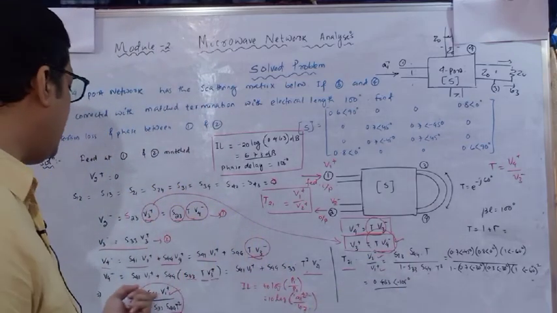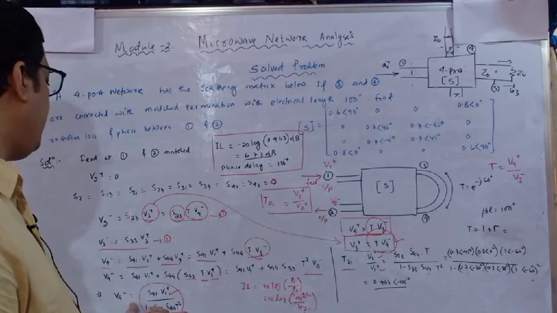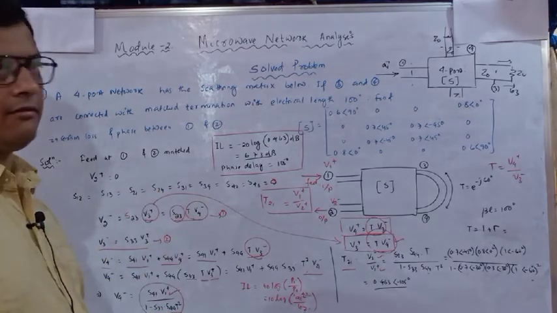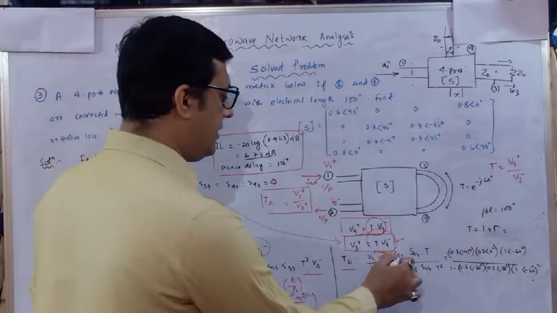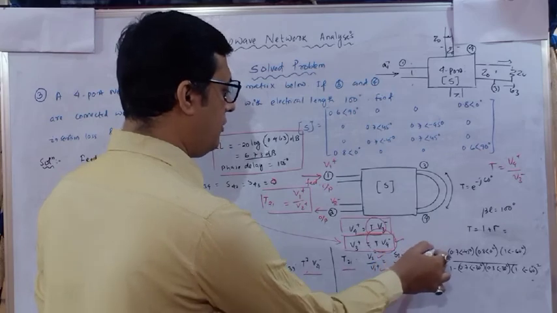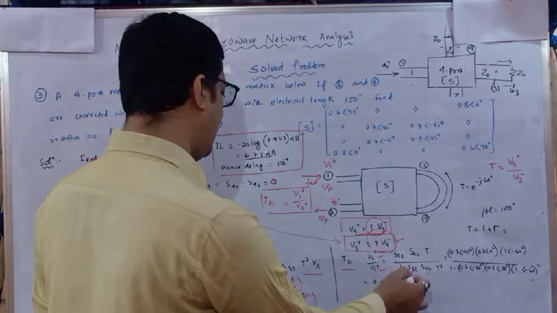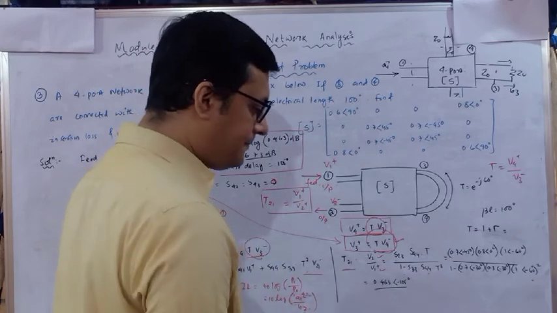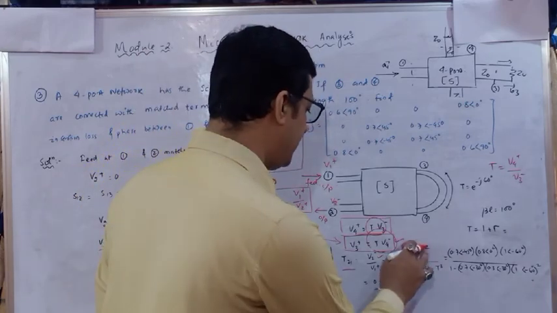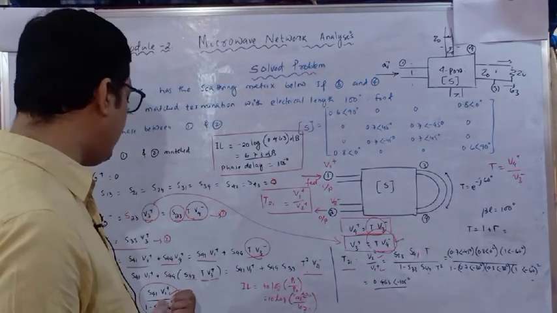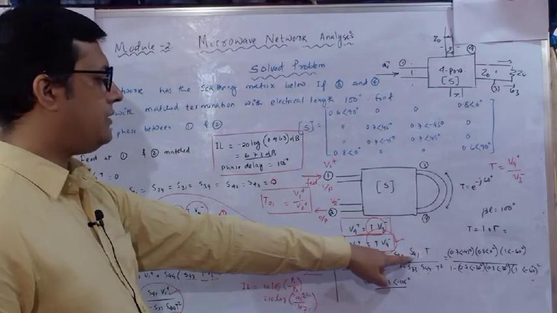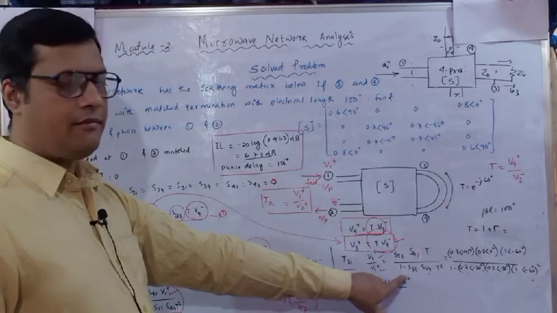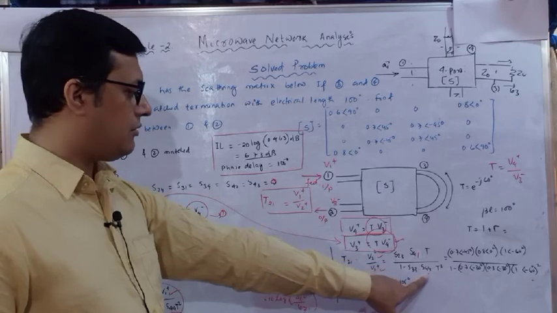So this whole relation, whatever we have got as V4 minus, substitute in this equation. So we will get S23 S41 into T divided by 1 minus S33 S44 T square, sorry, this is S41 because here S41 is available.